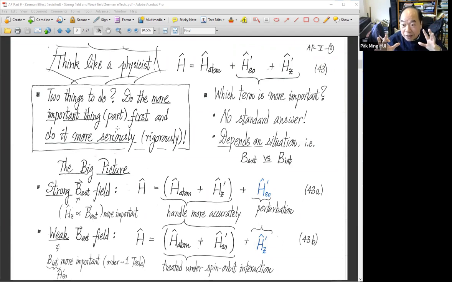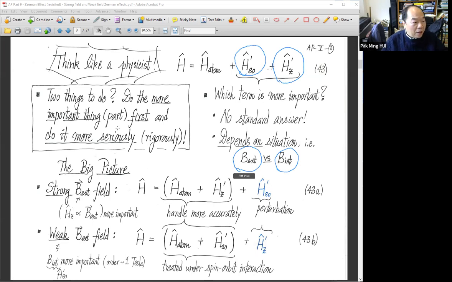The answer depends on the situation. There's no standard answer. For the reason, we have two terms. One is related to the internal field, spin orbit. One is related to the Zeeman effect, external field.